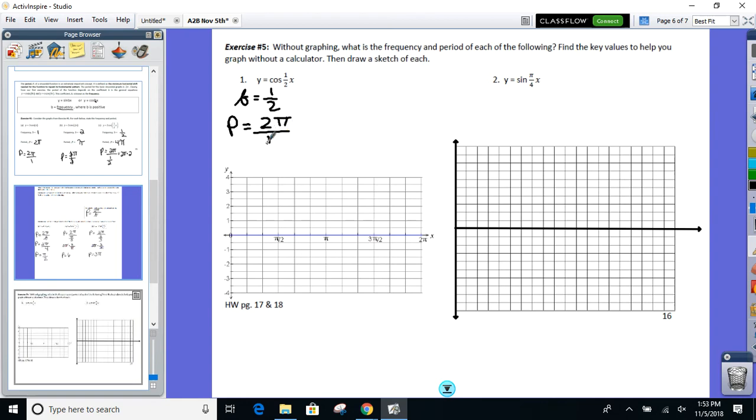Two pi divided by 1/2. Yes, multiply, flip it. 2's cancel. What's the period? Sorry.